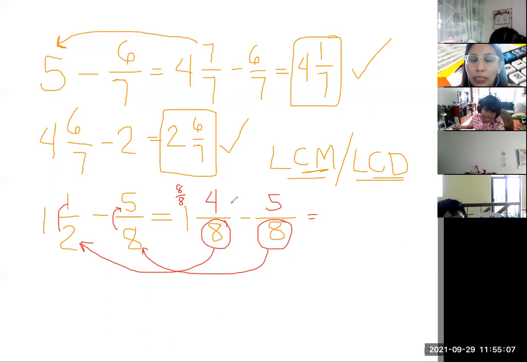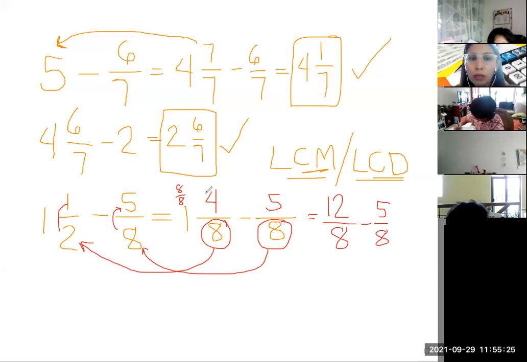And then we need to add this 4. So 8 plus 4 becomes 12 over 8. We need to get a whole so that yung fraction na maliit will become bigger. Now, can we now subtract yung 5 from 12?